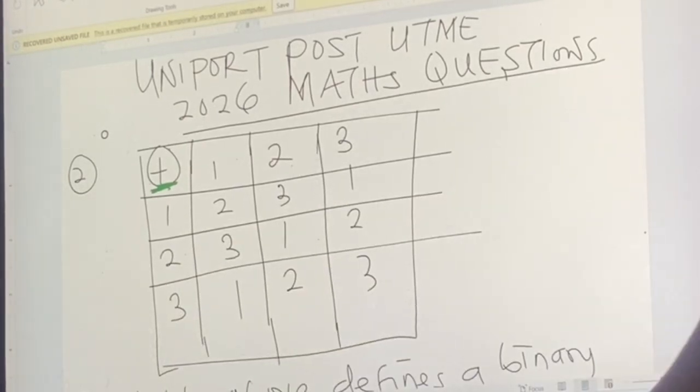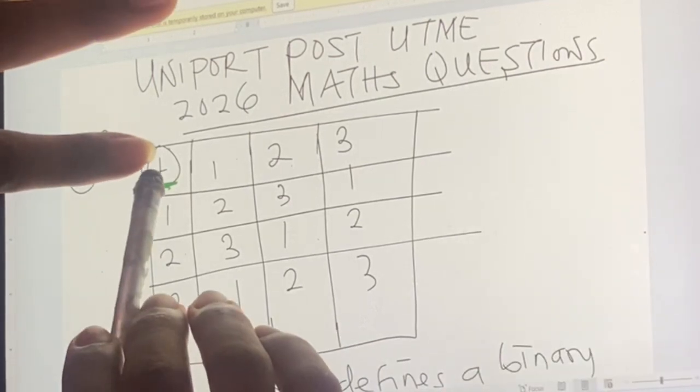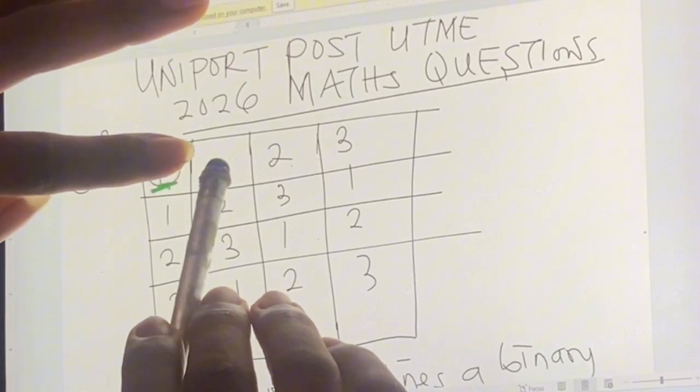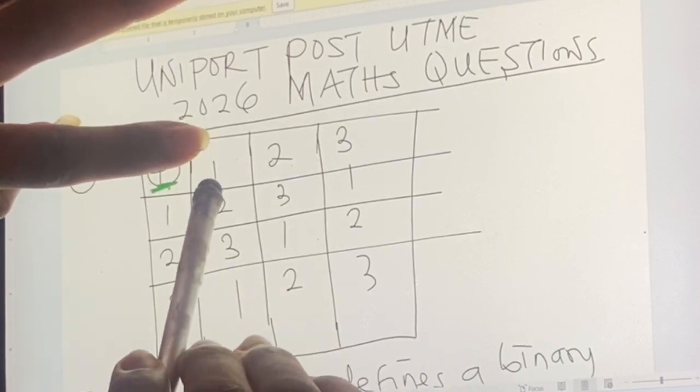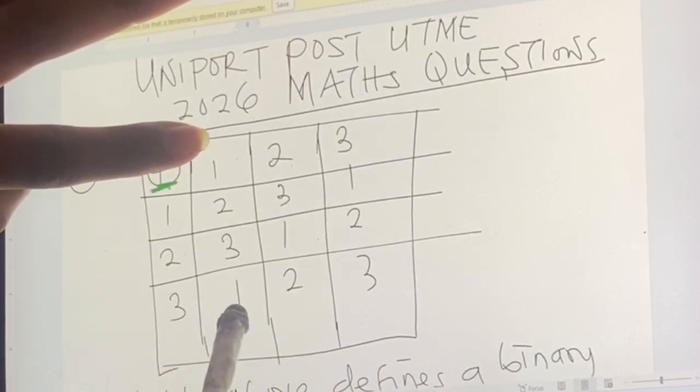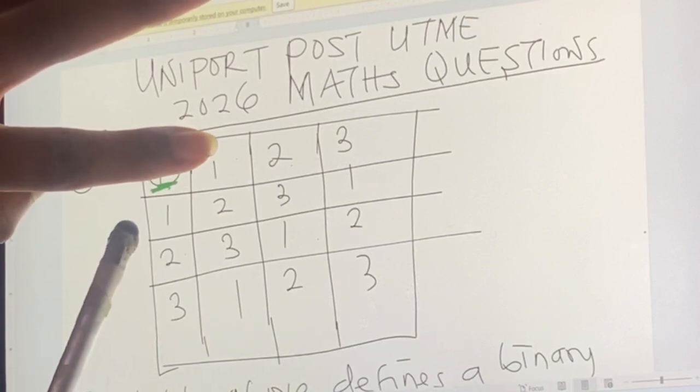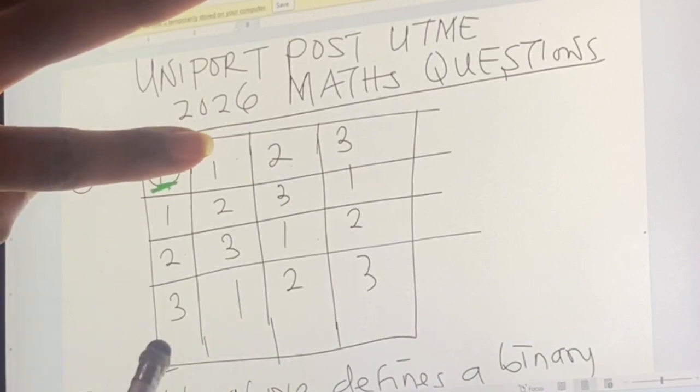My intention is to identify the row under the operator that has the same numbers as the operator. Now what are the numbers under 1? 2, 3, 1. So it's not identical to the operator.